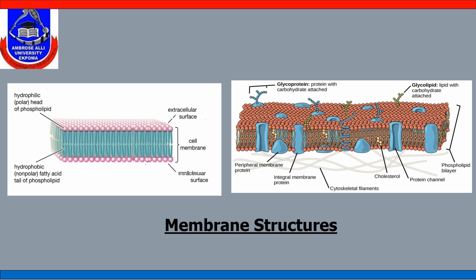The first, by your left, is a very simple structure showing you the components of the membrane. And of course, to your right is another structure of the membrane showing you its complexity, containing the integral and surface proteins.